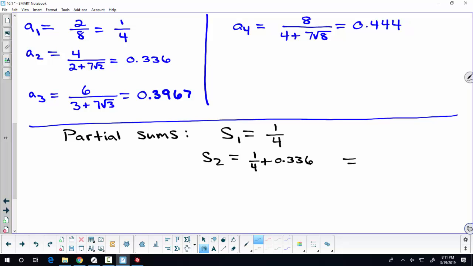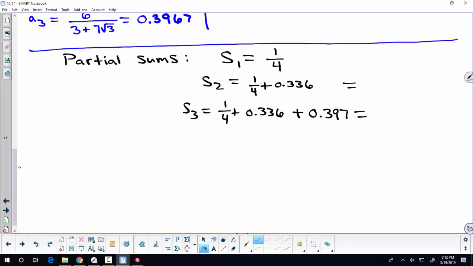Third partial sum, 1/4 plus 0.336 plus 0.3967. And the fourth partial sum.